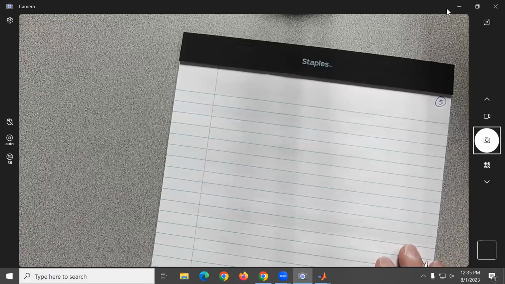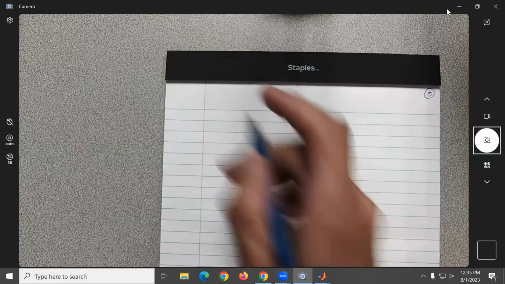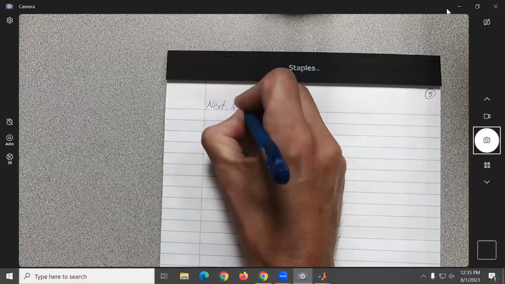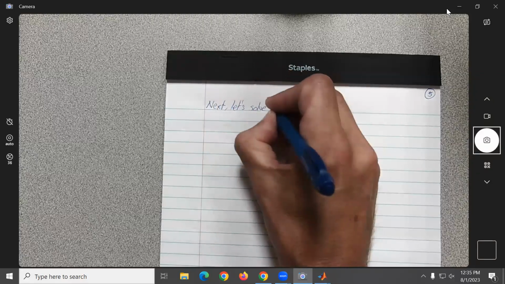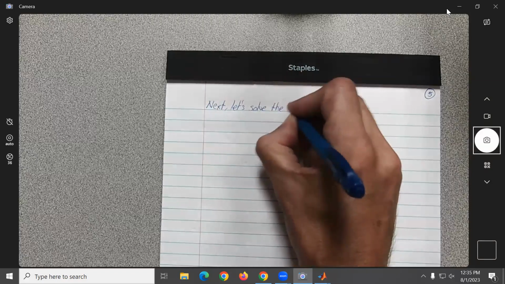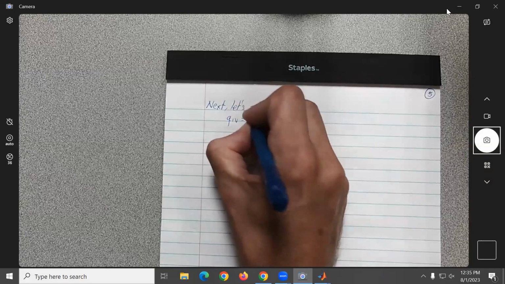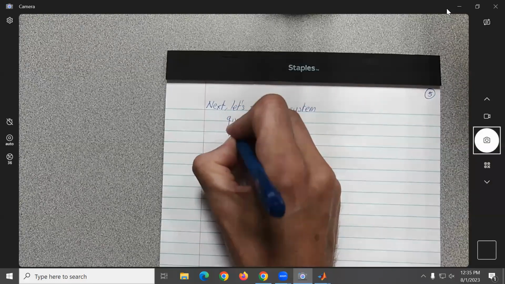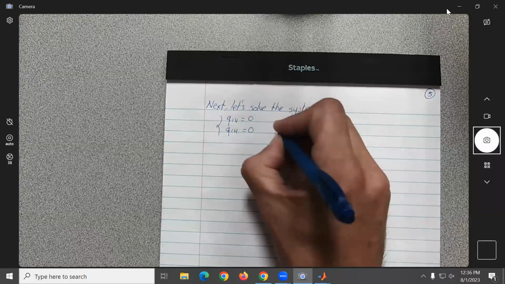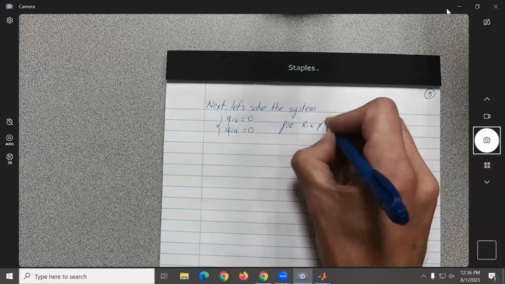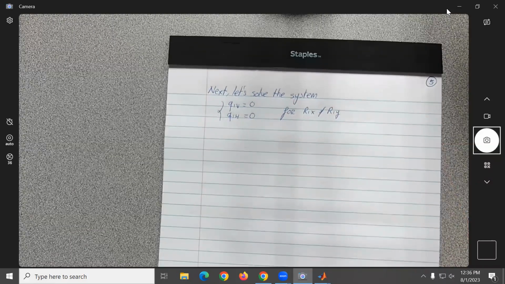But to do this, next, let's solve the system Q1 vertical equal to 0, Q1 horizontal equal to 0 for R1X and R1Y. I mean, we could solve the 5, but I think it's just going to complicate stuff.